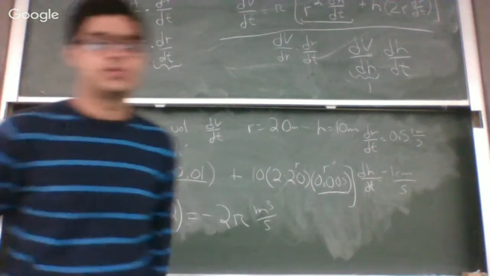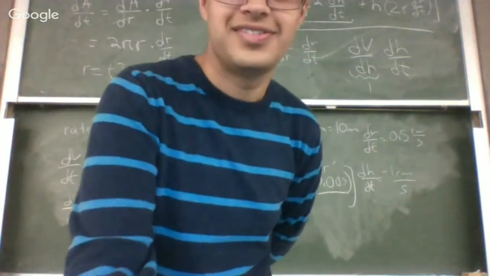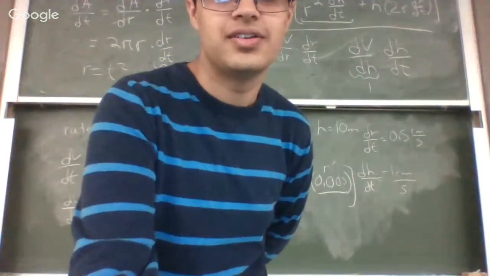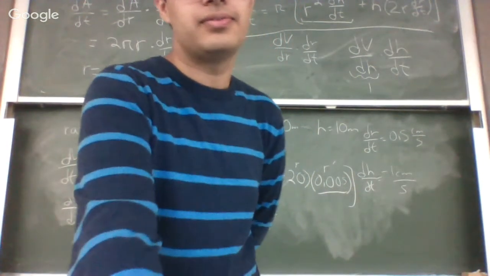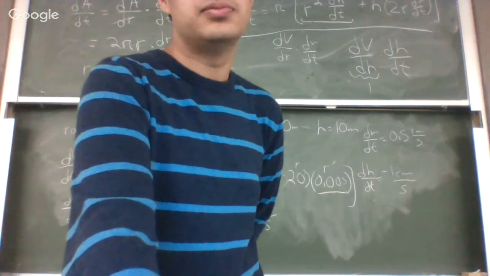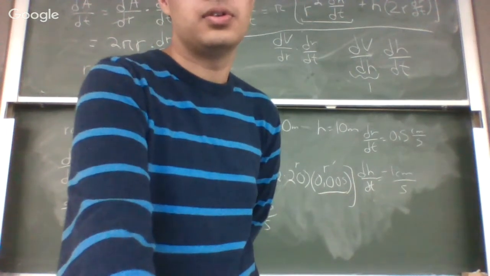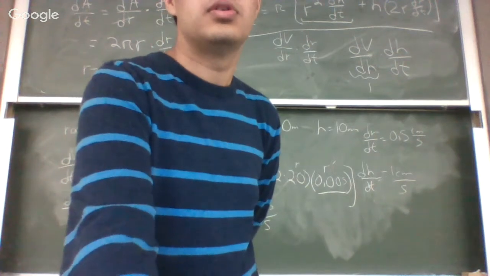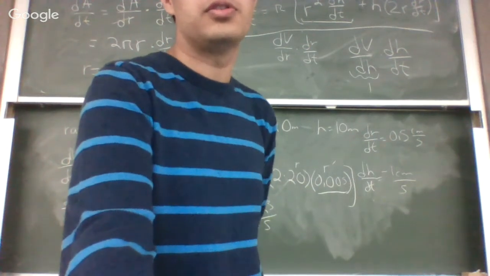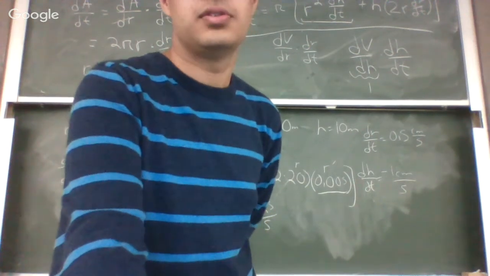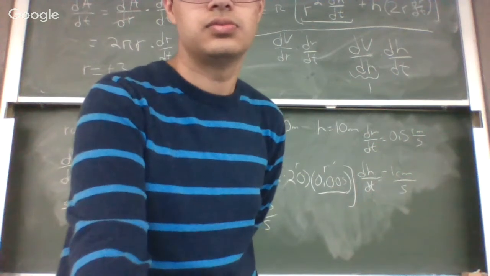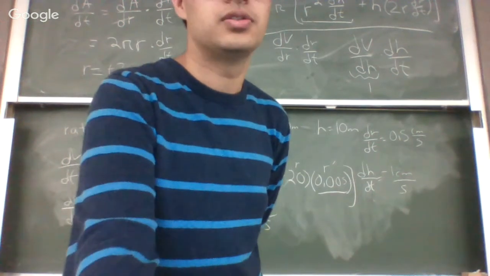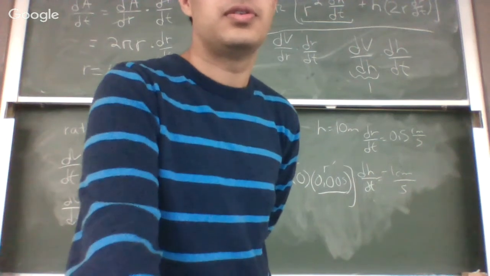Well, there may be, but that's just knowing what the derivatives are. This is for your test on Thursday. No, your first test is on Tuesday. Oh yeah, this is the second test.